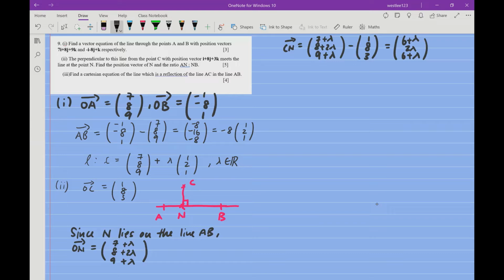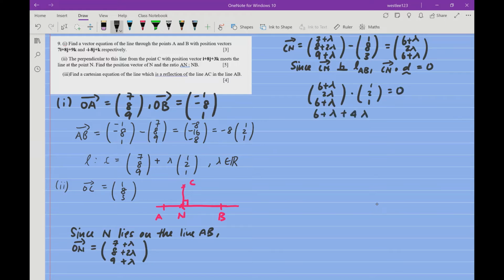And because we know that CN is perpendicular to the line AB, therefore, if we use CN dot the directional vector of the line, we are supposed to get 0. So 6 plus lambda, 2 lambda, 6 plus lambda dot 1, 2, 1 equals 0. So if you perform the dot product, you will get this.